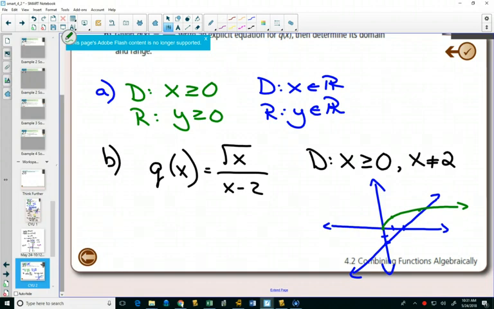Okay? Some important things to notice, that on both of these lines, we have this point 4, 2. And if I wanted to do the green graph divided by the blue graph at my non-permissible value, that is where I'm going to have my asymptote at x equals 2.